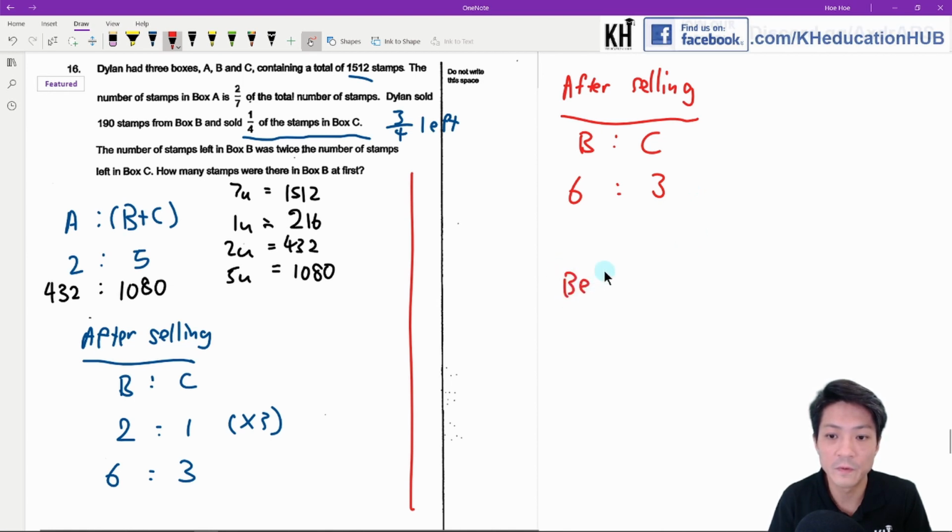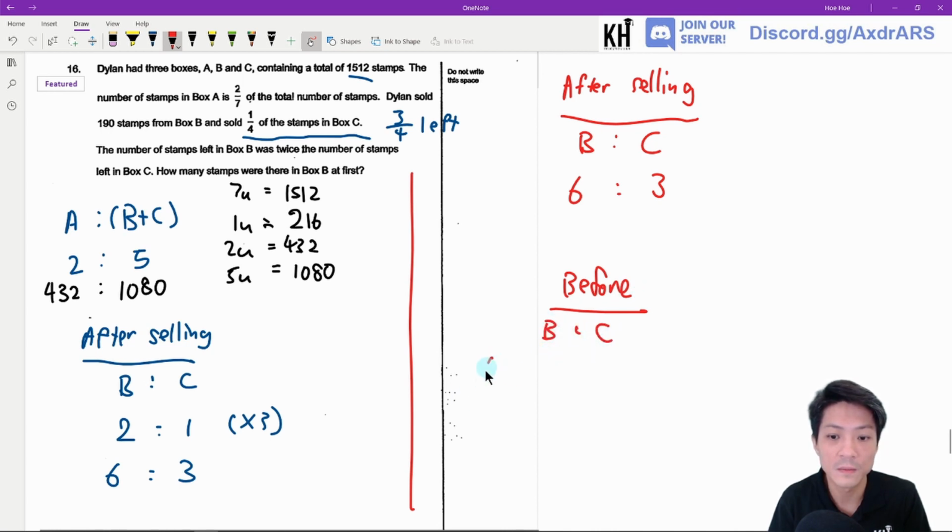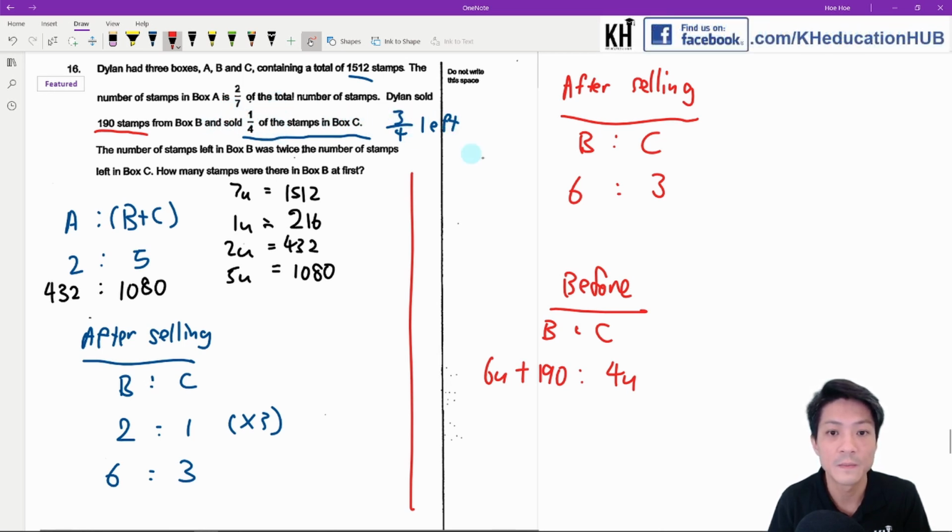But before, B is to C would be, Dylan sold 190 stamps from B, so I need to add back the 190. And C would be 4 units, because he sold a quarter of the stamps in C, so 3/4 left. Total will be 4 units before selling.